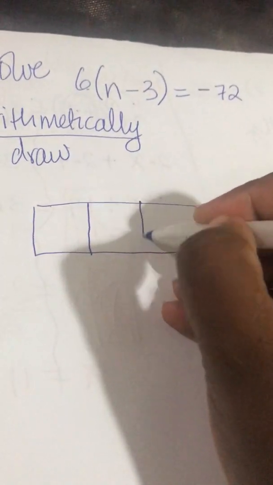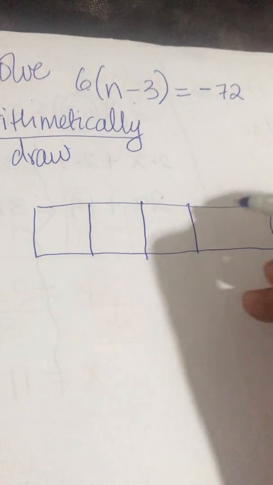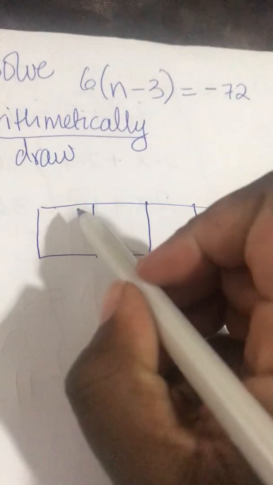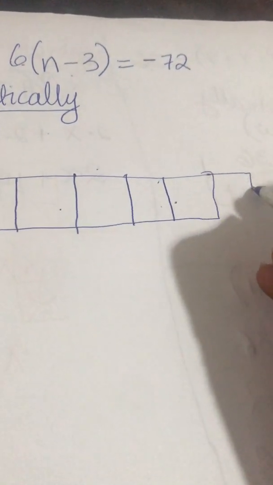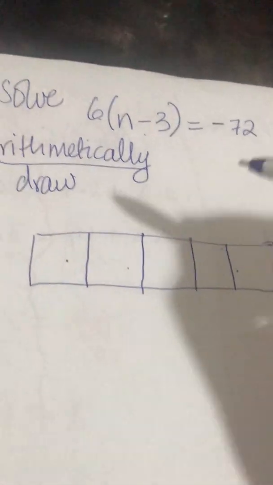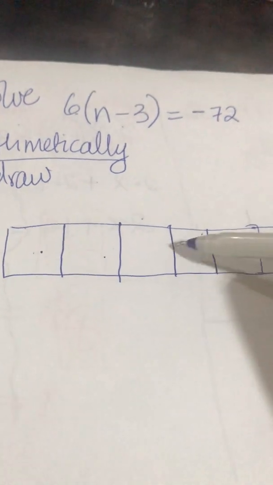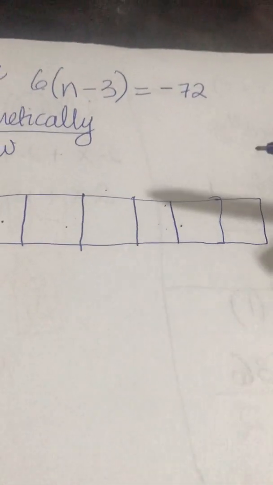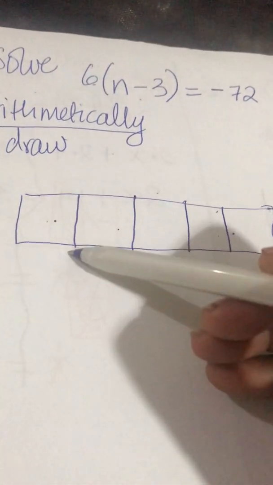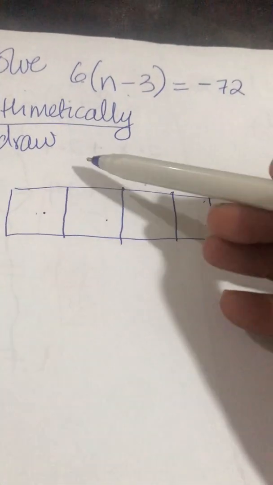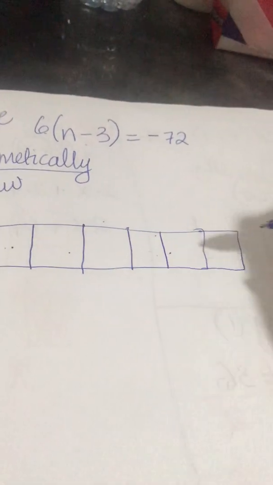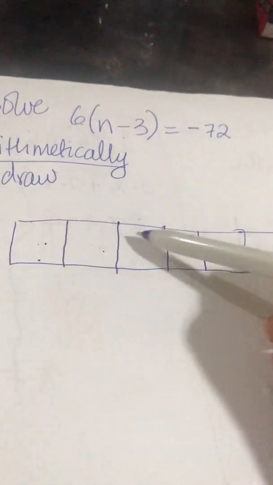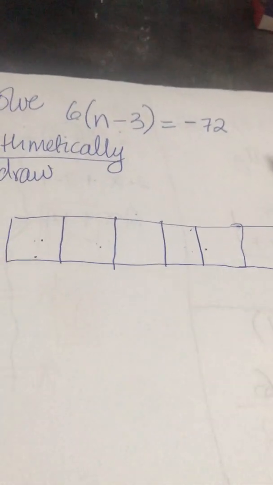When you draw, you make sure these partitions are the same size. So use a ruler and measure, like every 2 centimeters, put a mark. I can't use the ruler and explain at the same time, but these spaces have to be the same size.